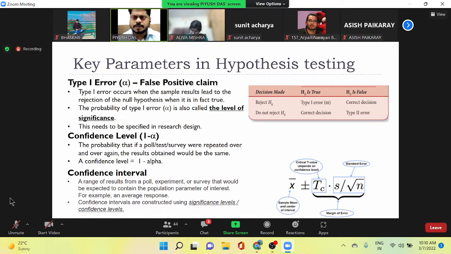Most of the times it is 5%. Sometimes, like I said, when you know the criticality of type 1 error, you might take 1%. Sometimes you can be a little bit relaxed and say 10%. But generally, these are the three numbers: 1%, 5%, 10%. Most of the times we take 5%. What is the reason for 5%? No reason.